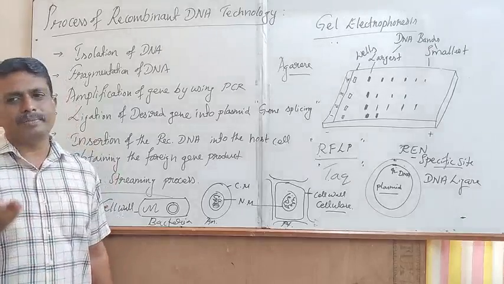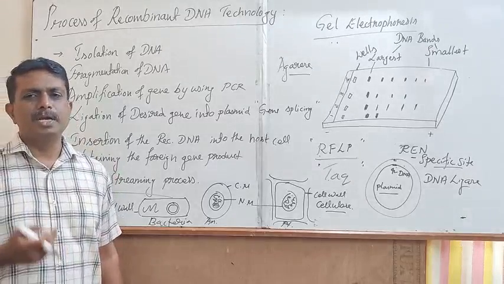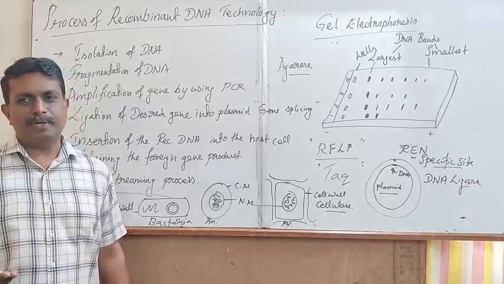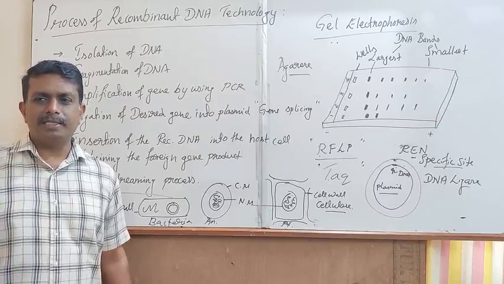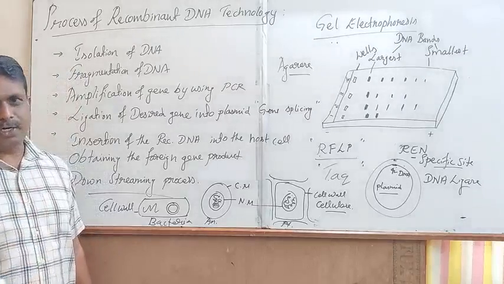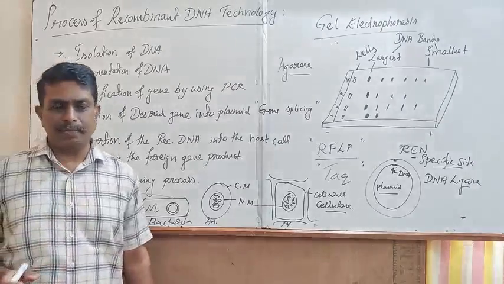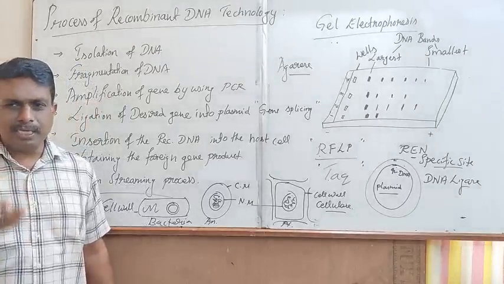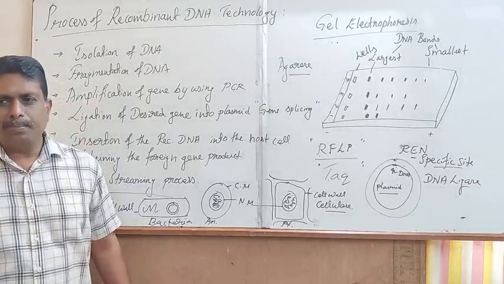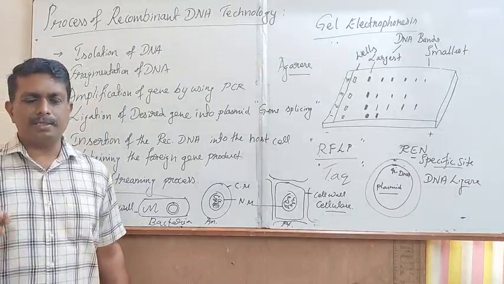The process of recovery of human beneficial product from bioreactors is called the downstream process. The downstream process involves the separation, isolation, and purification of the products.